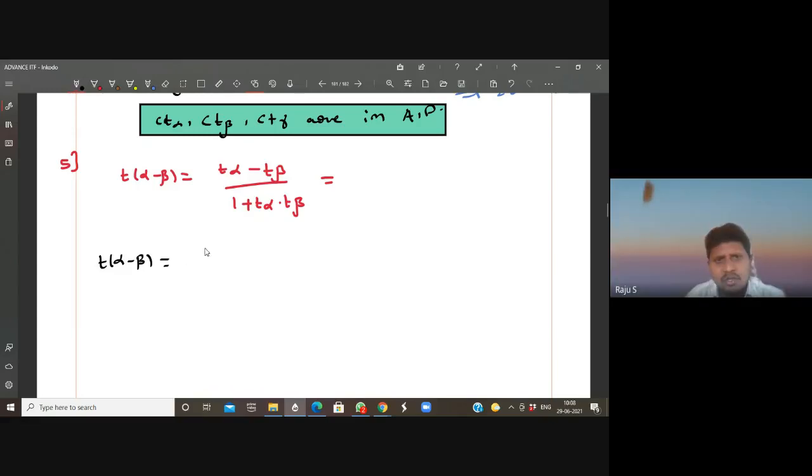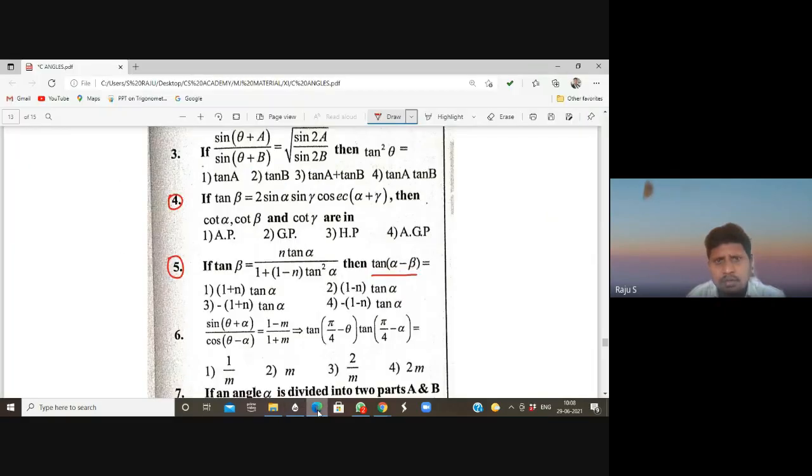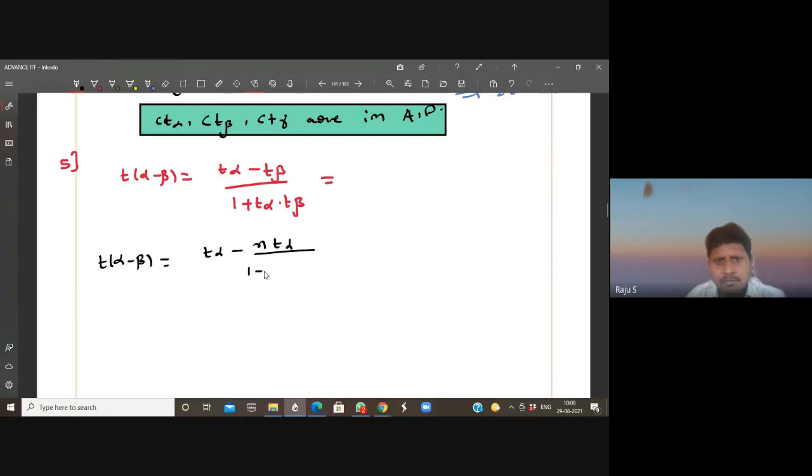Okay, substitute here. Tan alpha minus tan beta. What is the value they gave? Tan alpha divided by 1 plus 1 minus n tan square alpha. Am I right? Right.